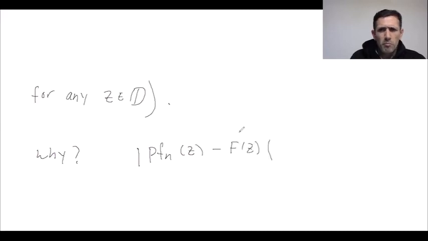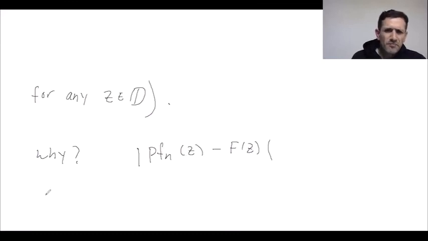F is holomorphic because we're assuming the Hardy space is complete. Pfn is Cauchy in the Hardy space, so we're assuming it converges to some F, big F, in the Hardy space, which implies that it's holomorphic. Pfn, we mentioned, is certainly holomorphic.